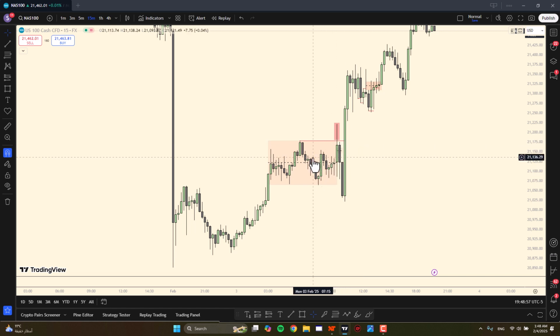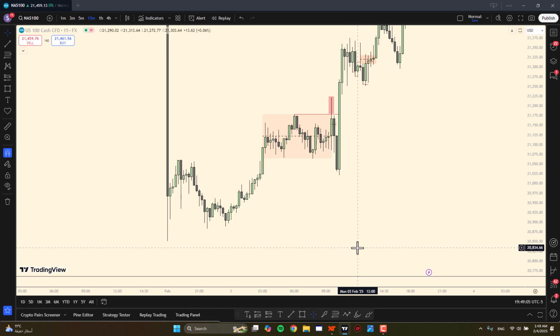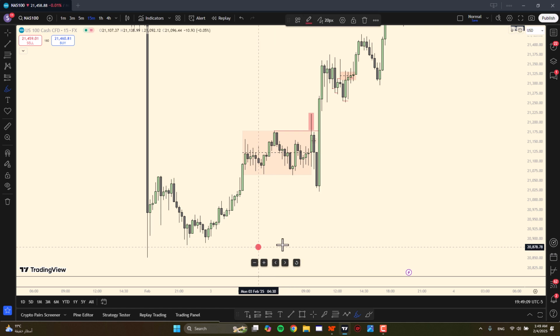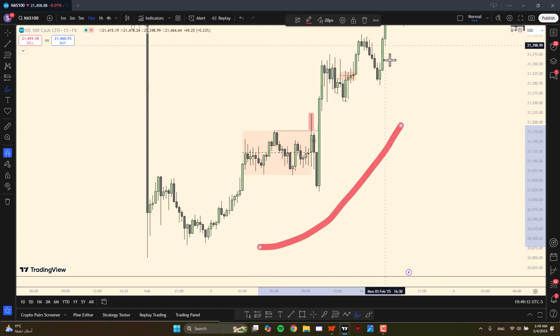So price after printing the consolidation, the manipulation leg, it doesn't have to print that distribution to the downside, all right? If price wants to continue to the upside, it can take this weak low, right? And then trade to the upside, right?